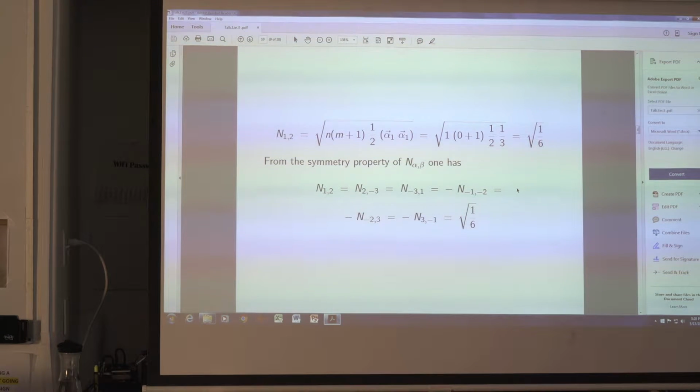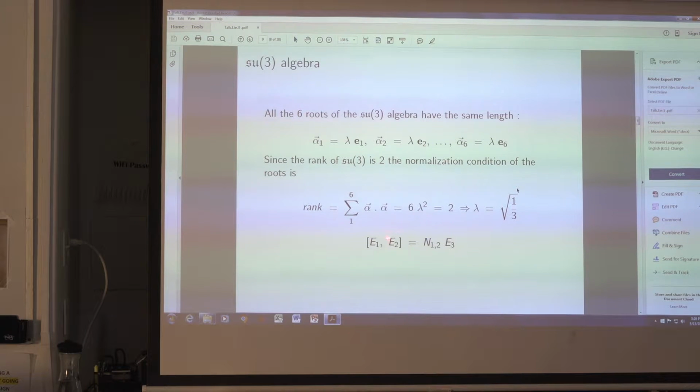They are not necessarily simple roots. They are just roots. This is root number 1 and root number 2. This is the generator associated with root number 1 and associated with root number 2, which corresponds to alpha and beta in my case.